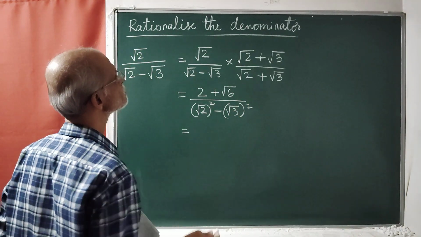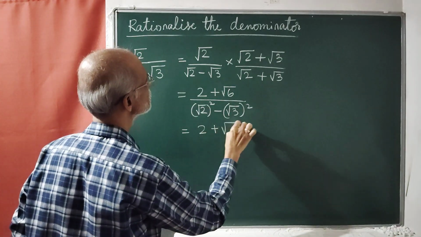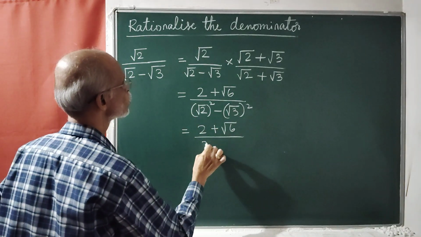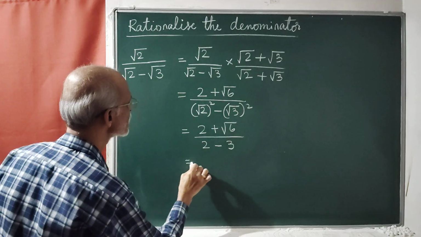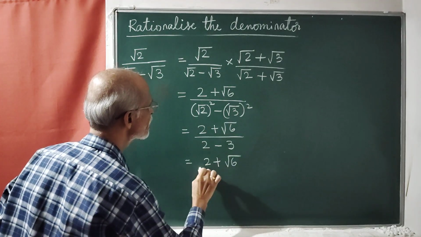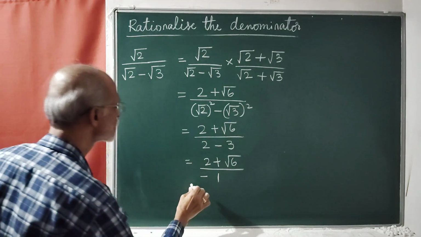So 2 plus root 6 divided by root 2 square is 2, root 3 square is 3. So we will get 2 plus root 6 divided by minus 1. The minus will go up.